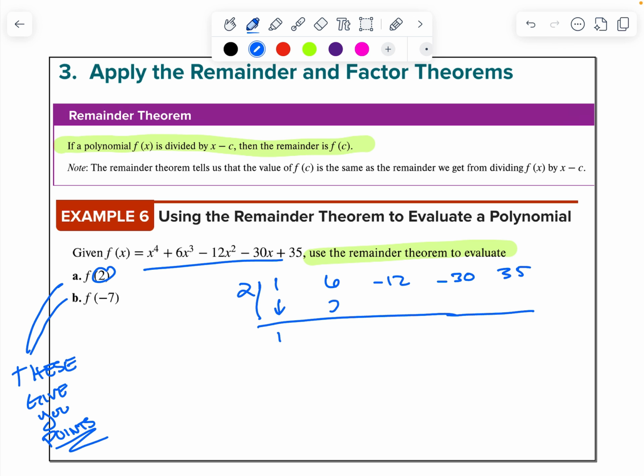Bring down the 1, multiply, add, multiply, add, multiply, add, multiply, add. The remainder is -9, so then I know that f of 2 equals -9.